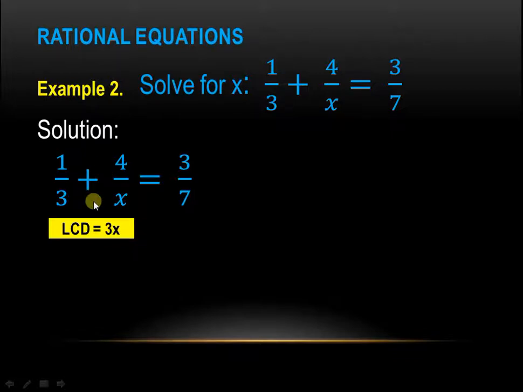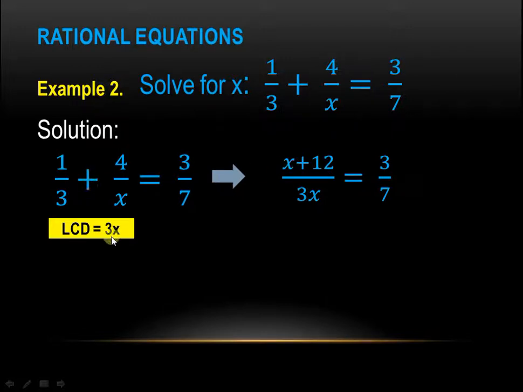Okay? Now, since our LCD is 3x, what we're going to do is divide 3x by these denominators. So let us see what will happen. 3x divided by 3, the answer is x. And then you multiply the answer to the numerator, that is still x.